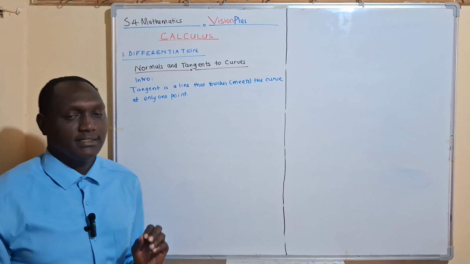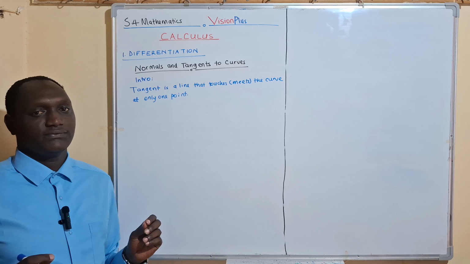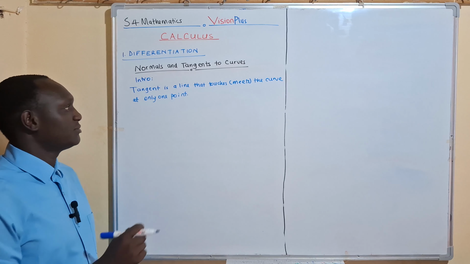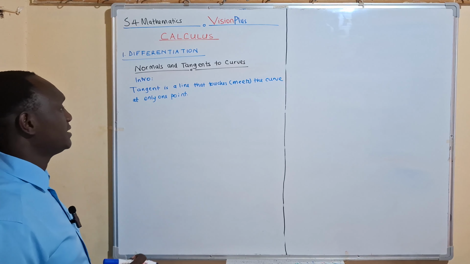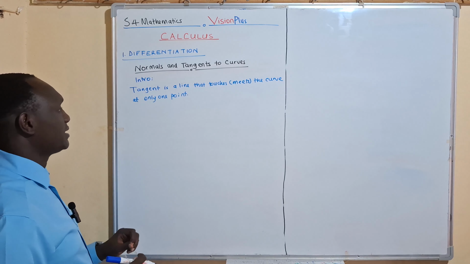So if we have a line that is touching the curve at only one point, it means that that line is a tangent to that curve.